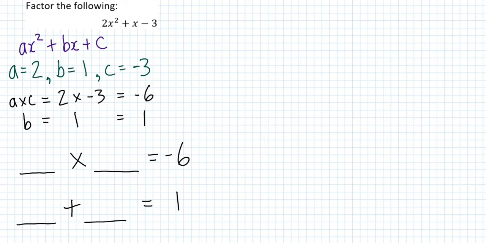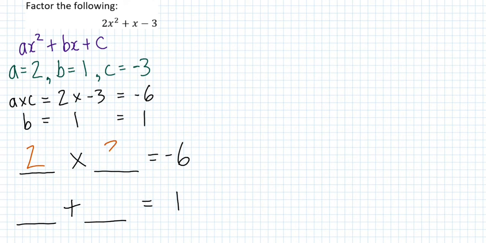So, what are those two values? Well, let's look at the factors of 6. We have 1 and 6, we have 2 and 3, and that's kind of where we run out. So, we know it's either going to be a combination of 1 and 6 or 2 and 3. 2 and 3 have a difference of 1, so let's try that first.